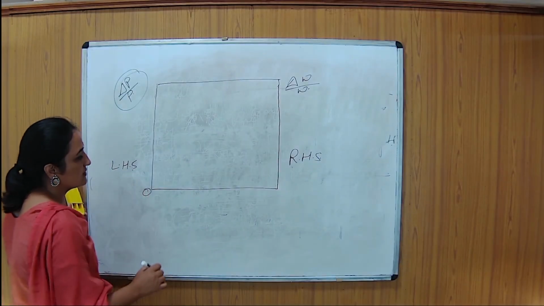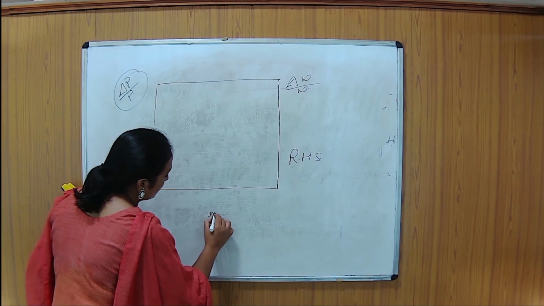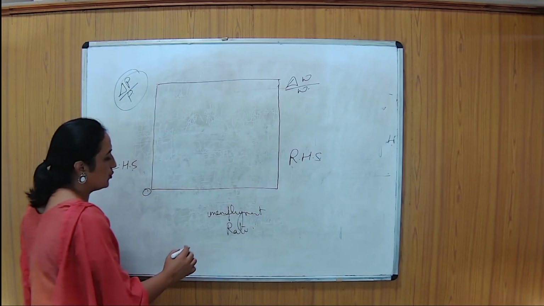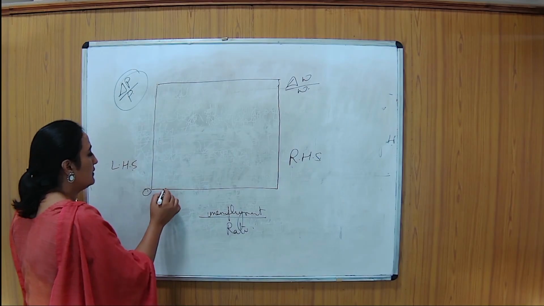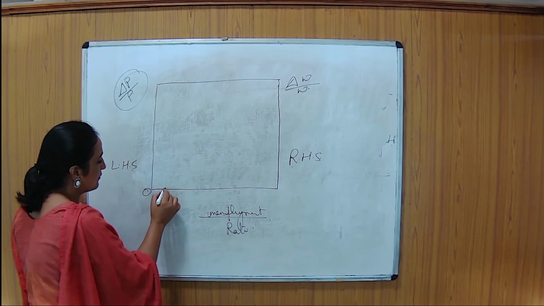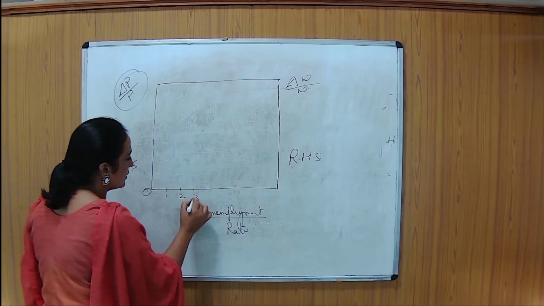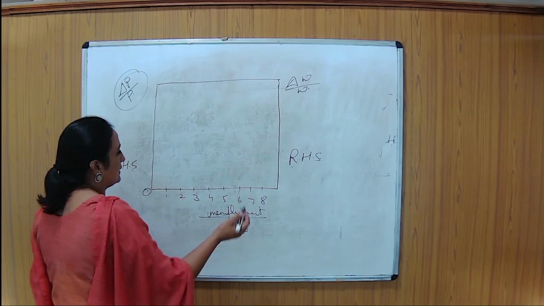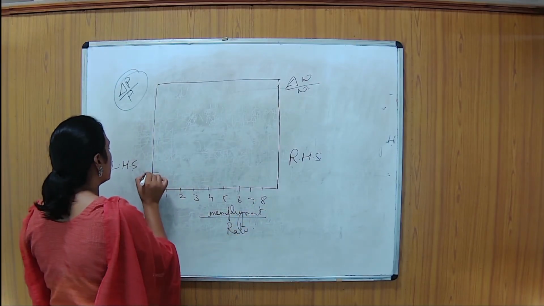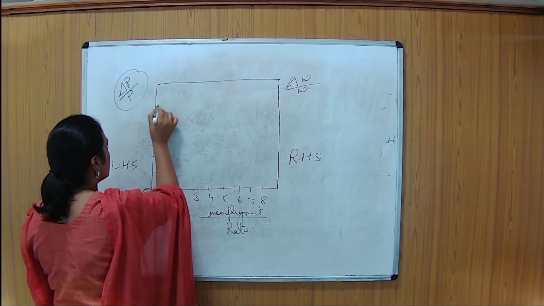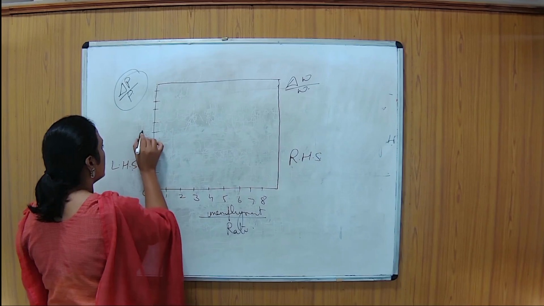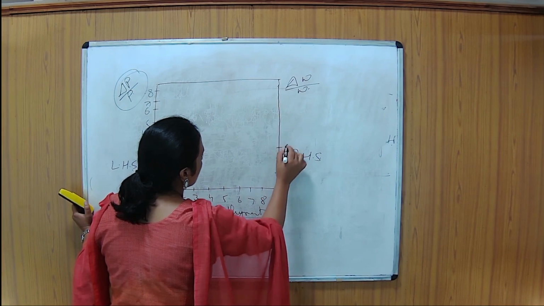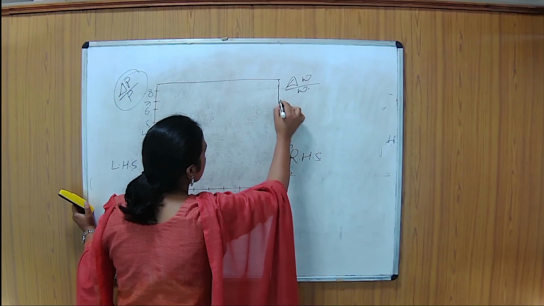This is the point of origin, and here is the unemployment rate. Now we mark the scale 1, 2, 3, 4, 5, 6, 7, 8 on each axis.